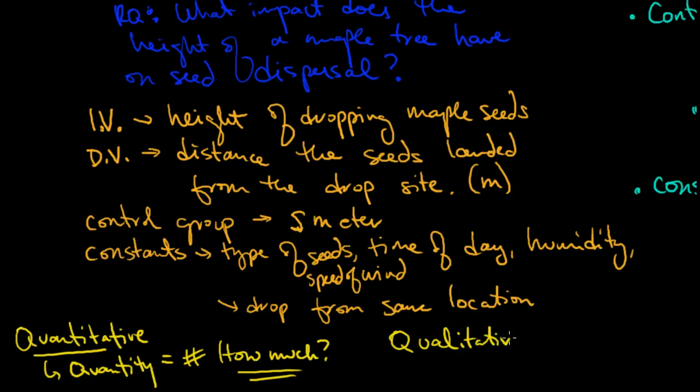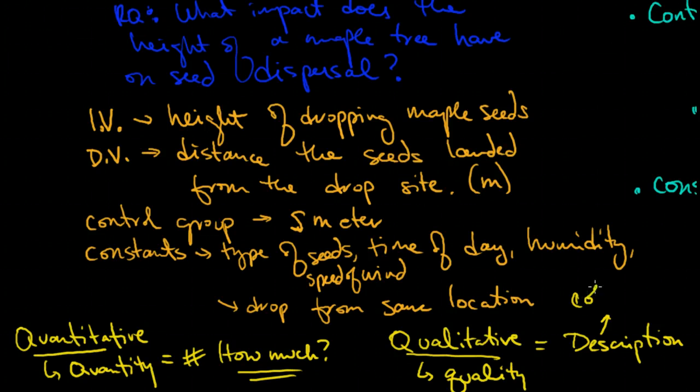Qualitative data is like quality. And this really is a description. And these are things that are not measurable. So it's a description. So sometimes it's things like color or texture.